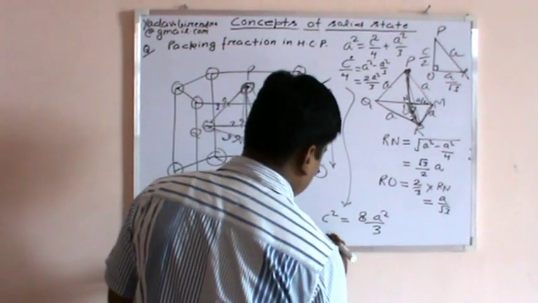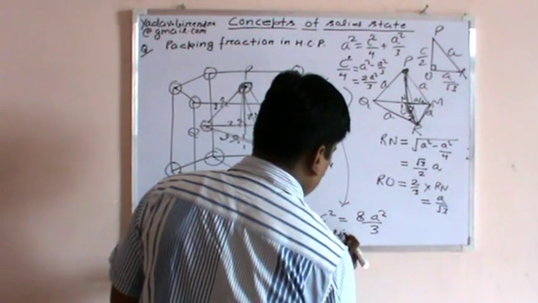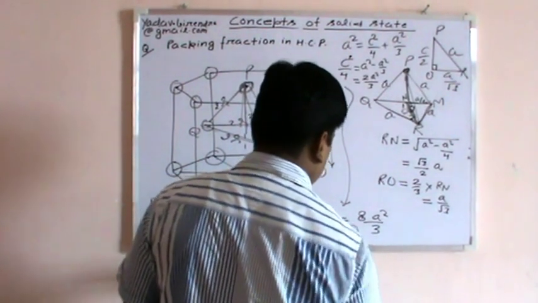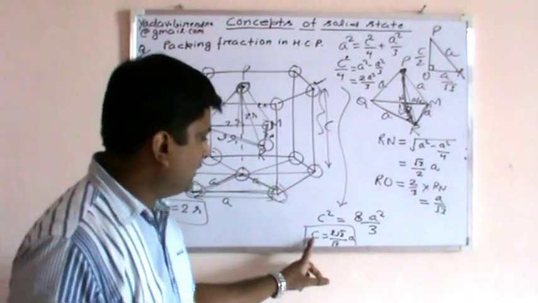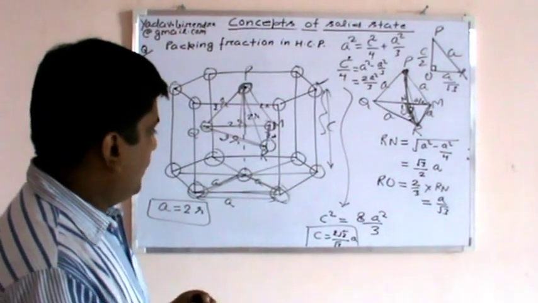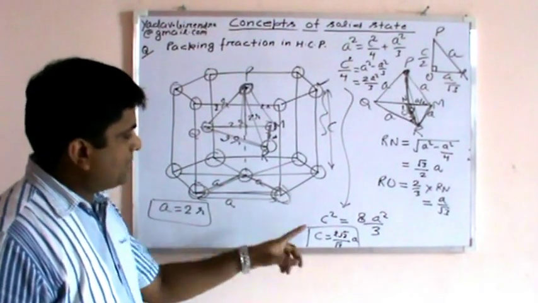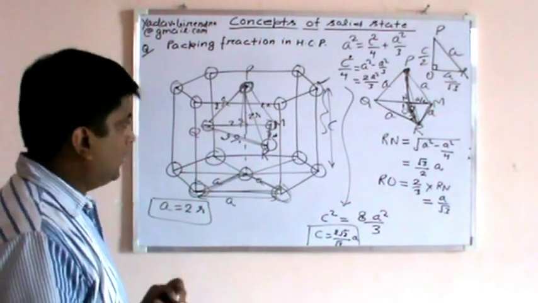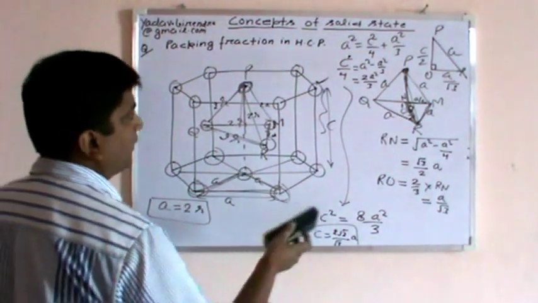So the value of C will be 2 root 2 by root 3 A. So here you can see this is a relation between C and A. Now to get the packing fraction, we will substitute this relation in that formula which we have written earlier.